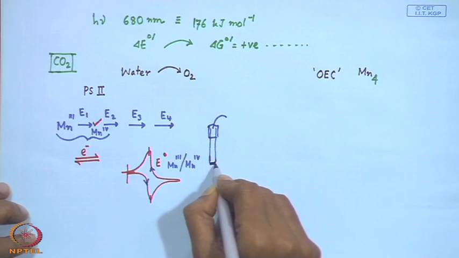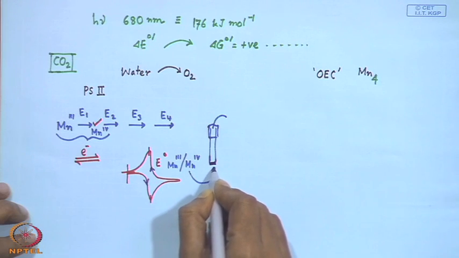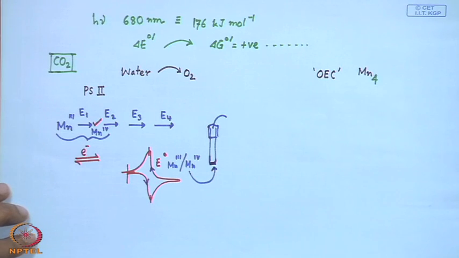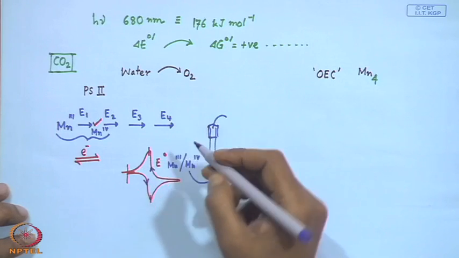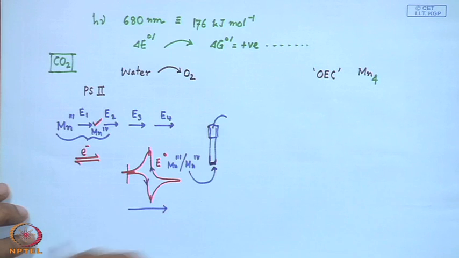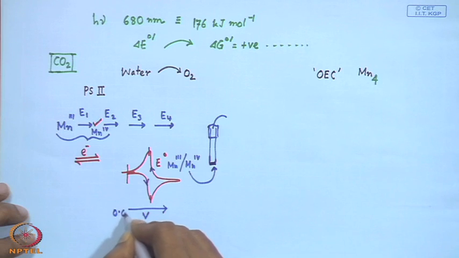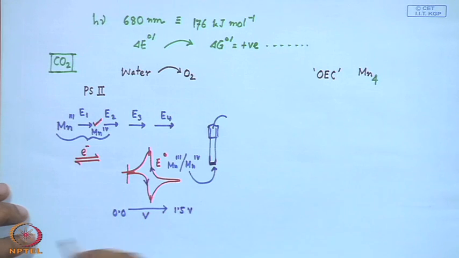On this electrode surface you have this manganese, formed in the plus 4 state. Then you switch back the direction of the scan. So, this is the current axis, this is the voltage axis. Say you are scanning from 0.0 volt to 1.5 volt, and now you are scanning back from 1.5 volt to 0.0 volt.